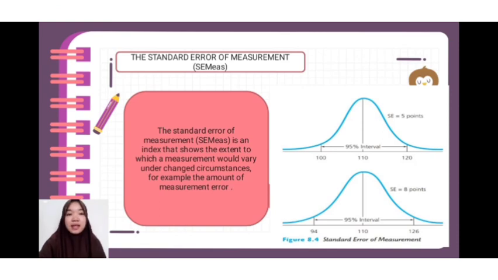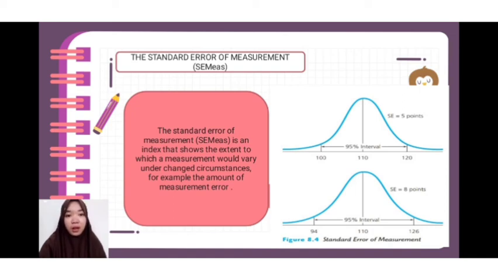Next, I will explain about the standard error of measurement. The standard error of measurement is an index that shows the extent to which a measurement would vary under changed circumstances. There are many ways in which circumstances can vary, so there are many possible standard errors for a given score.